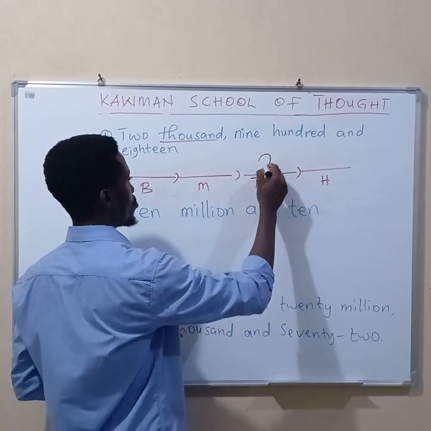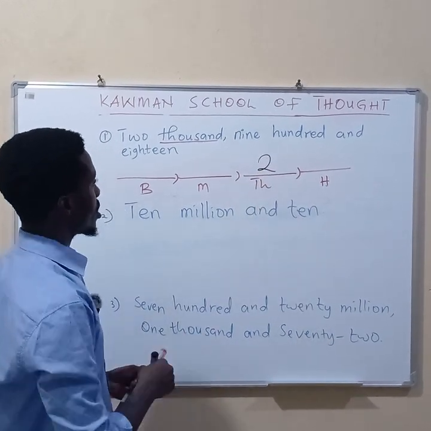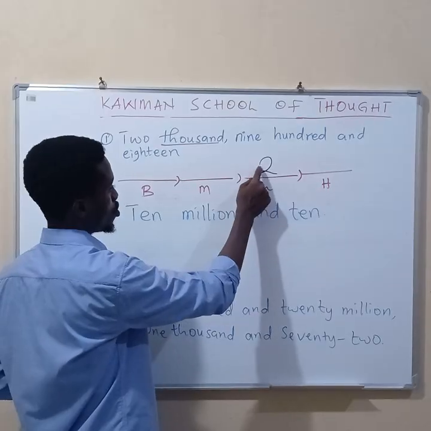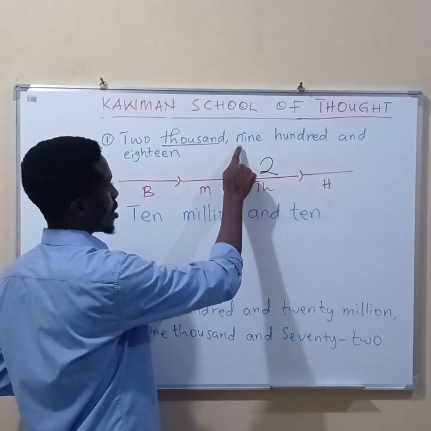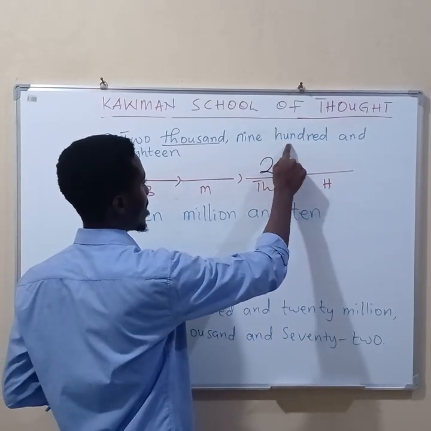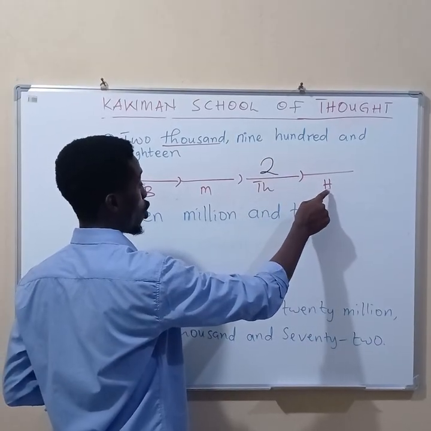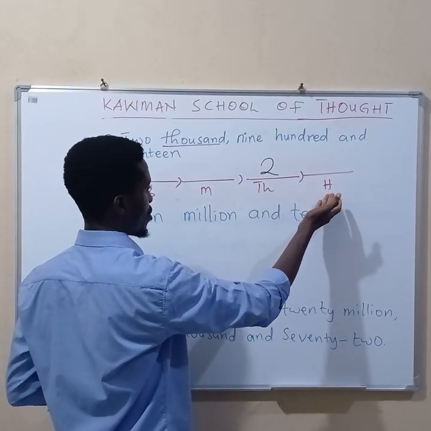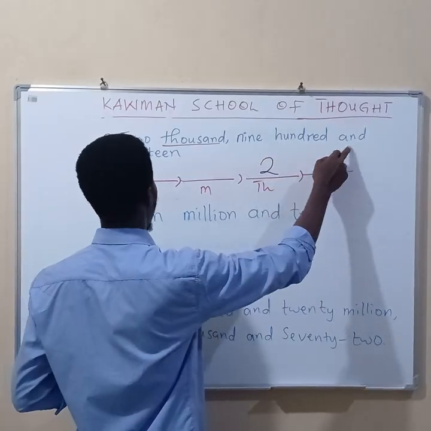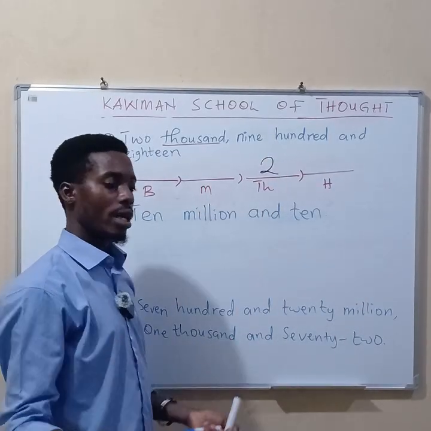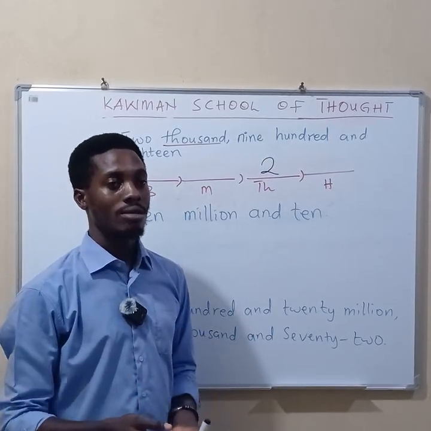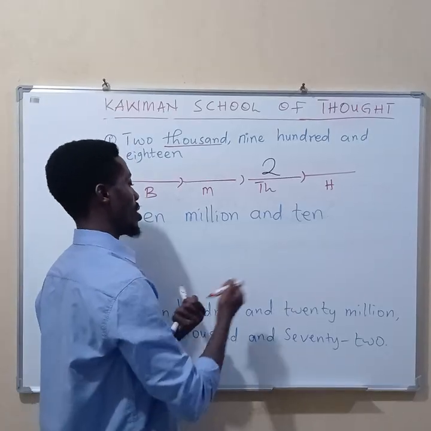So write the 2 only, and then 2,900, meaning it is continuing from the hundreds column. 918. Who is here and cannot write 918? I mean, come on, 918.